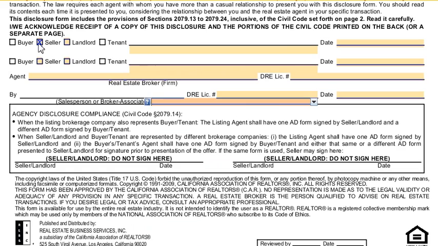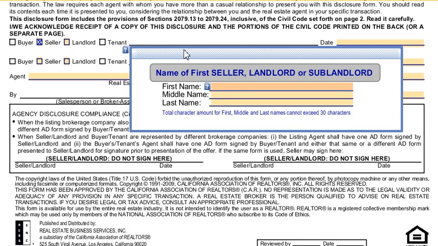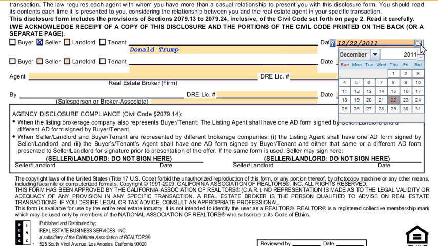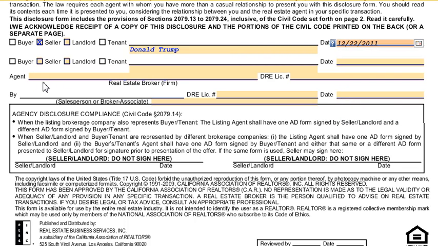So in this case, you would click on seller to identify you're working with the seller, and then click on this space and fill in the seller's name. And then over here, when you put the date, you can pick this little calendar and put the date of when you think you're going to be signing this document. And then down here where it says agent, that's actually the name of the brokerage you work for.